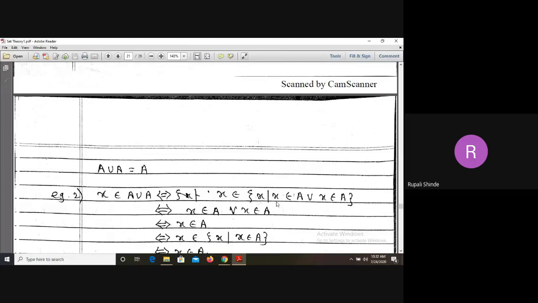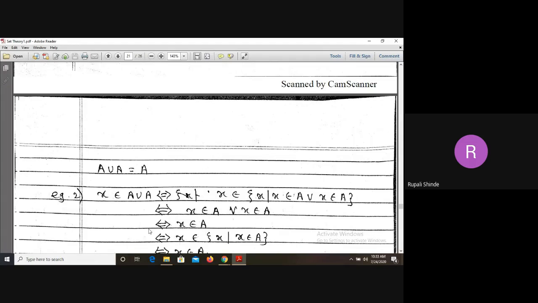Okay. So what is the meaning of this? For any element X, X belongs to A, or again X belongs to A. Its meaning is X belongs to A only. So X belongs to A or X belongs to A is equivalent to X belongs to A only.